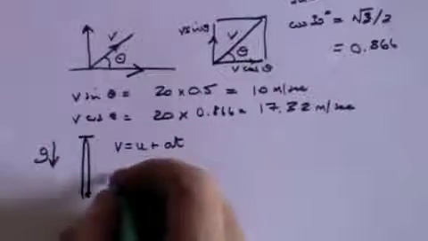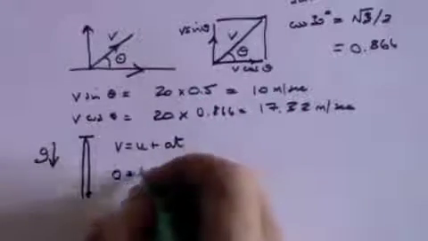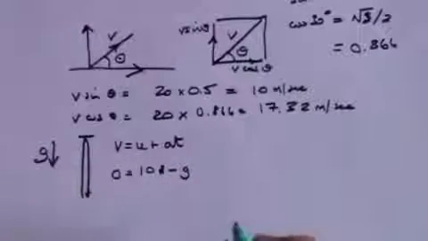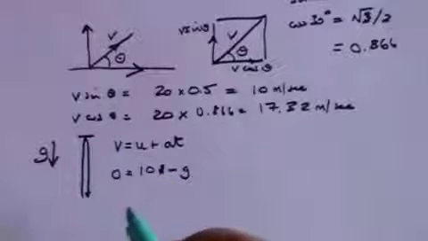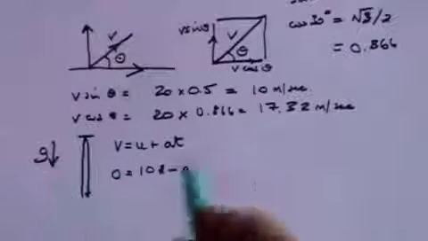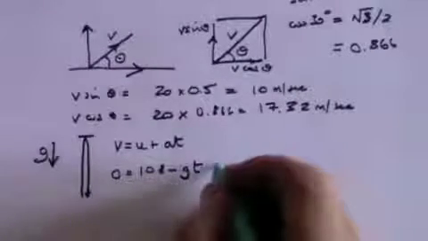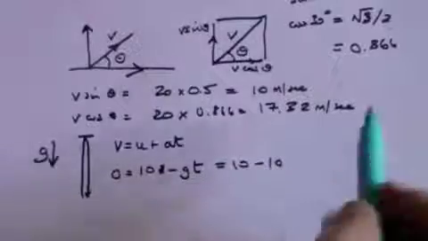So what we've got is v, which is 0, equals u, which is 10, and then it's plus a, but of course it's minus g because v is acting upwards, but g is acting downwards, so anything acting downwards needs a minus sign: minus gt. And that of course is 10 minus g, which we're going to call 10.